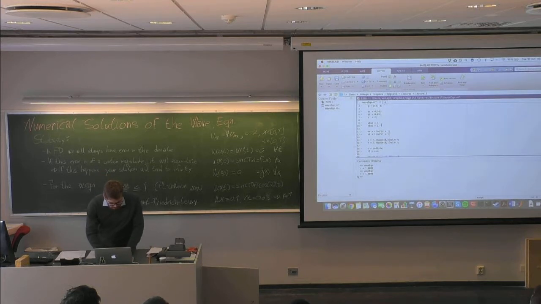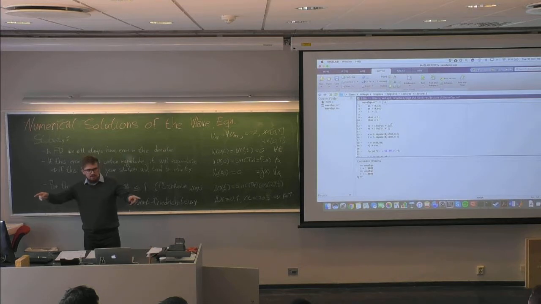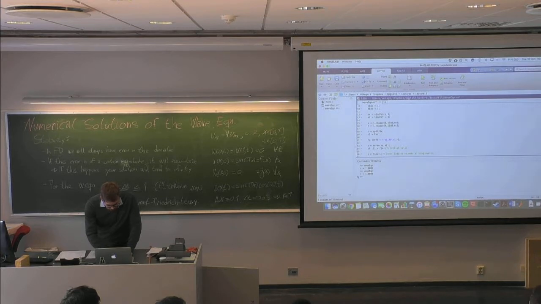And then the x endpoint is 1, and the t endpoint is also 1. And then I calculate how many points we have. So that is basically the length of your interval plus 1, because you always have a starting point and the last point should also be included. Just creating the vector, calculating r, and outputting the value of r.